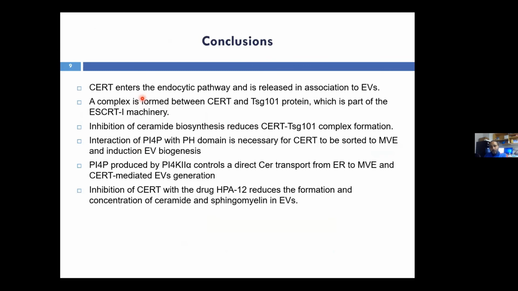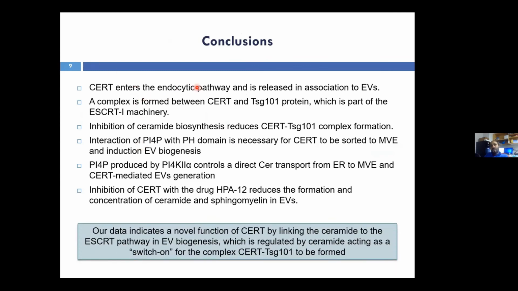So in conclusion, we report that CERT enters the endocytic pathway and is released in association with EVs. A complex is formed between CERT and TSG101, which is part of the ESCRT-I machinery. Inhibition of ceramide biosynthesis by FTY720 reduces the complex formation between CERT and TSG101. An interaction of PI4P with the PH domain is necessary for CERT to be sorted to MVE and induce EV biogenesis.